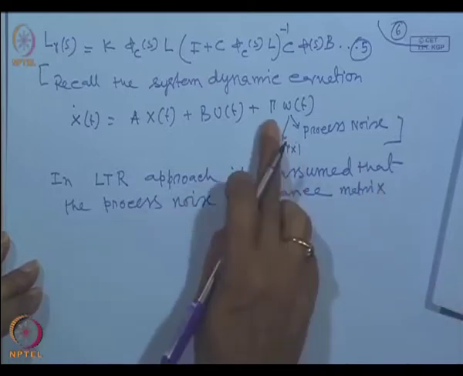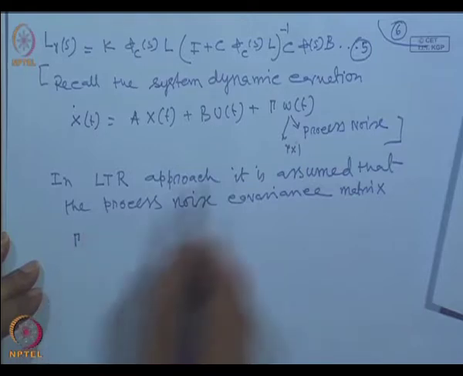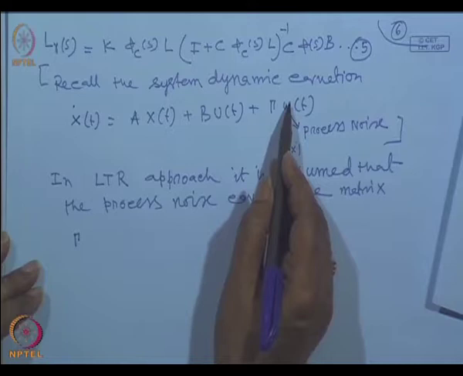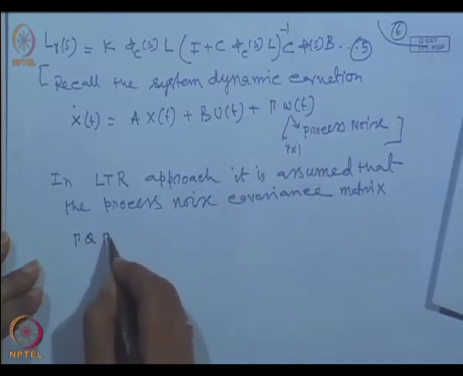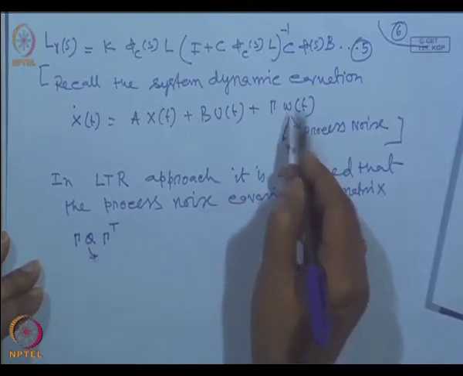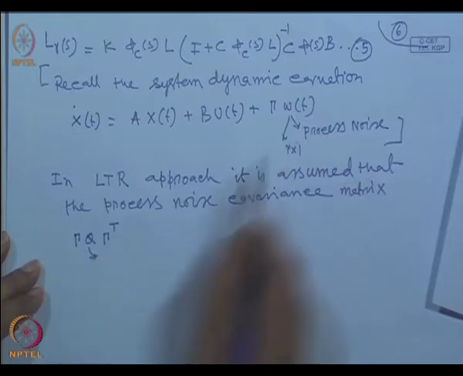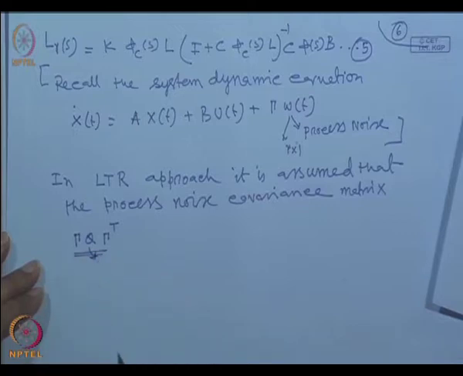From here you see it is a process noise covariance matrix, gamma W into W transpose is equal to Q, that gamma transpose. This is the noise covariance matrix of W, or noise covariance small omega, that is Q. Agree? So, this is the noise covariance matrix.